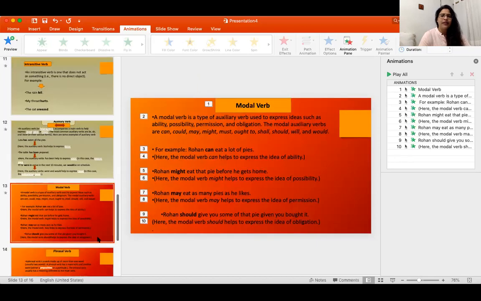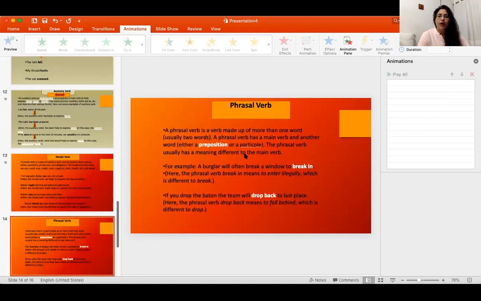Then come modal verbs. What are modal verbs? Modal verbs are also auxiliaries, but they help in expressing ideas such as possibility, ability, giving permission, and obligation. After that, there is the phrasal verb, whose main verb has a very different meaning from the phrasal verb, and both are used in the sentence.